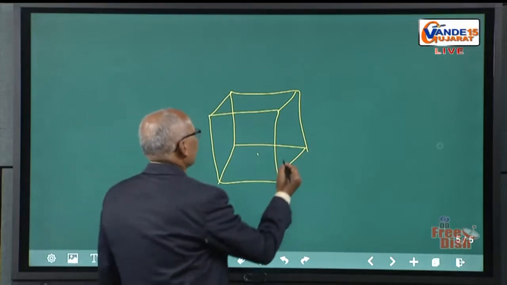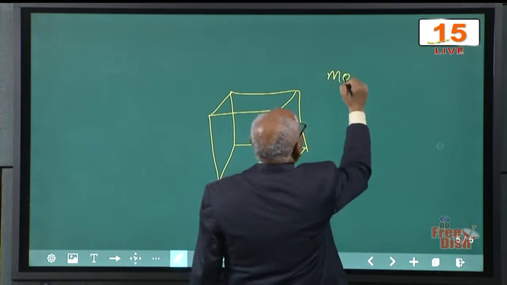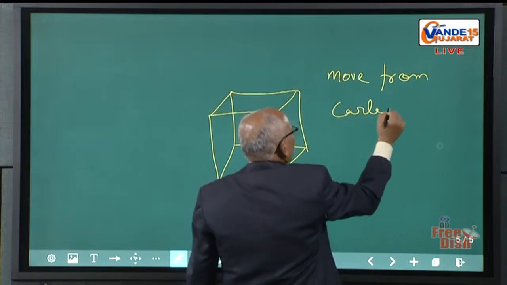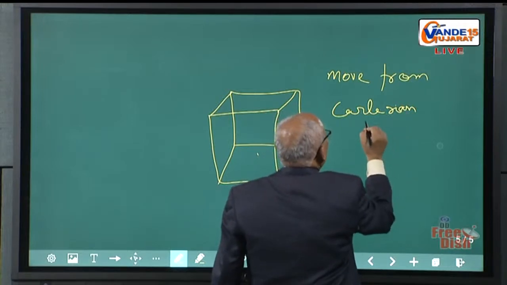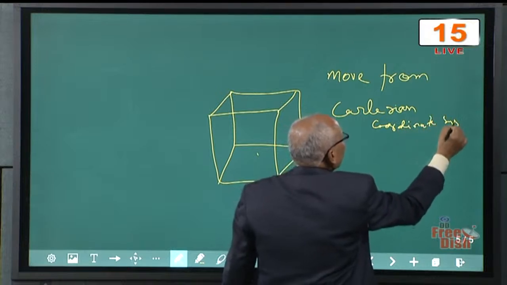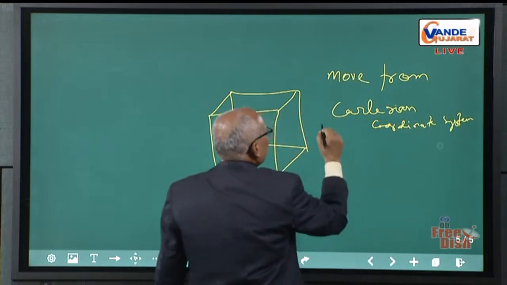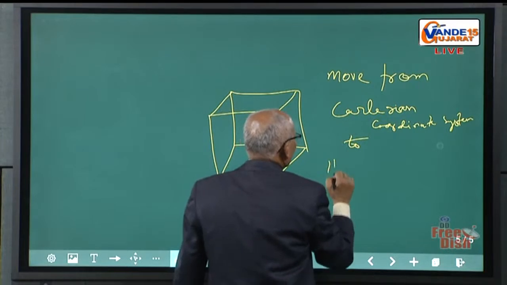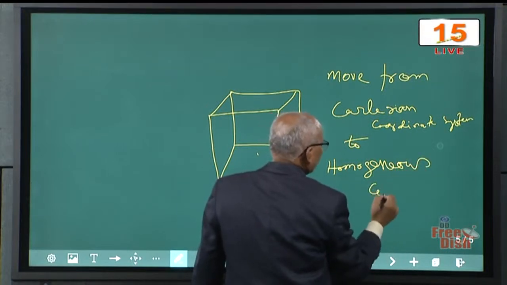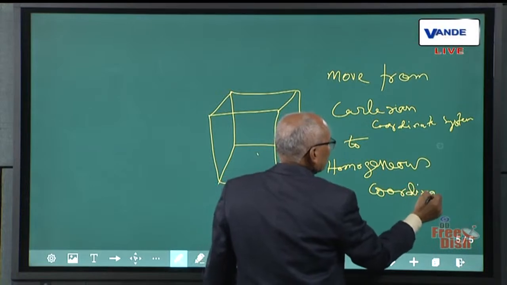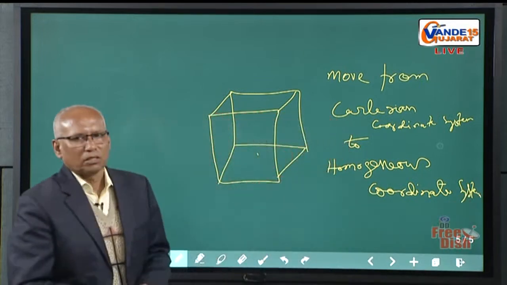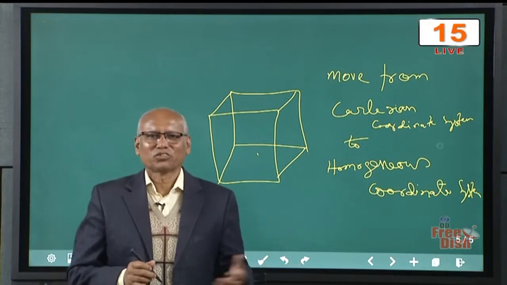So, what is required? We use the Cartesian coordinate system now, and we have to move from the Cartesian coordinate system to the homogeneous coordinate system.